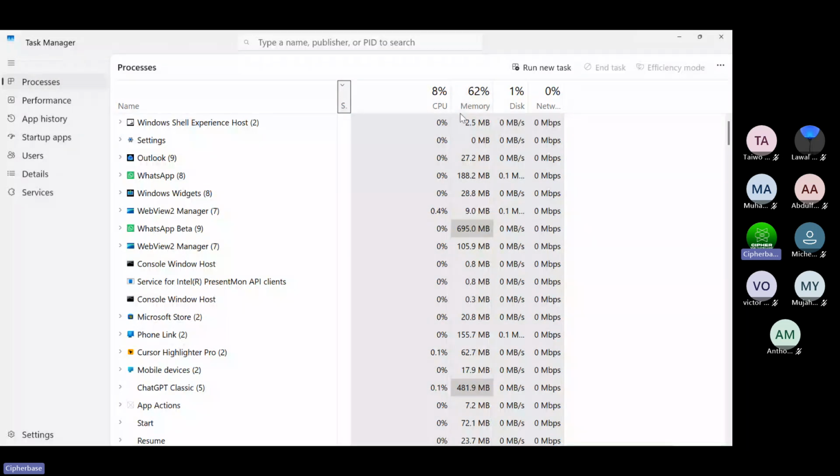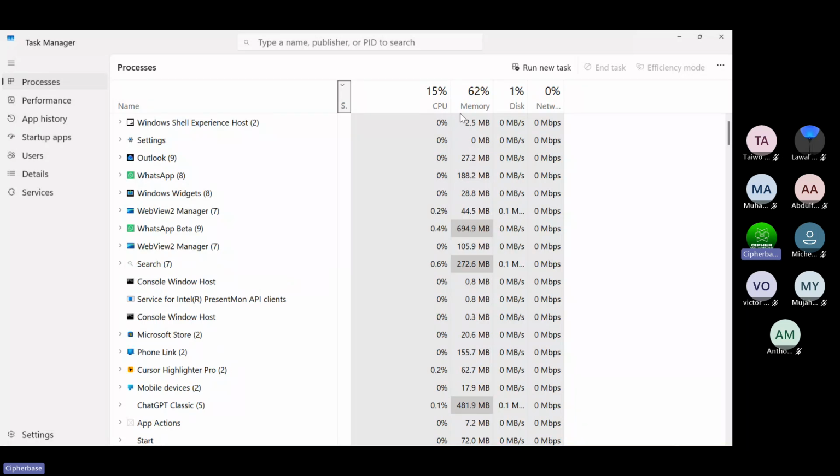Because if anything happens to your system, if users are complaining that some cannot log in, or their system is slow, or not working the way it's supposed to, the first thing as a support engineer is to open task manager and check the CPU, memory, and disk. Let's assume the memory is at 95. There's a probability that it can slow down.